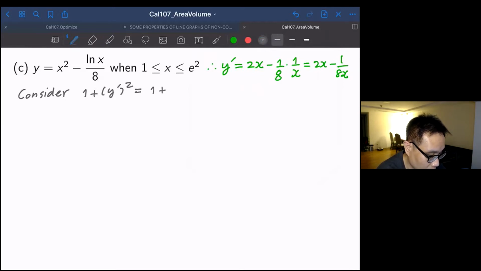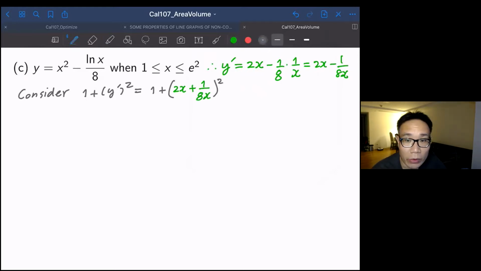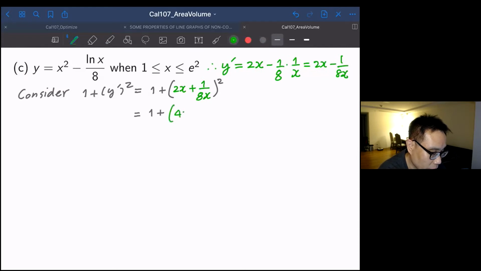So it's 1 plus the green guy squared, which is 2x minus 1 over 8x, squared. Then you simplify this, so you get 1 plus 4x squared, plus the cross term 2x times 1 over 8x, plus 1 over 8x squared.